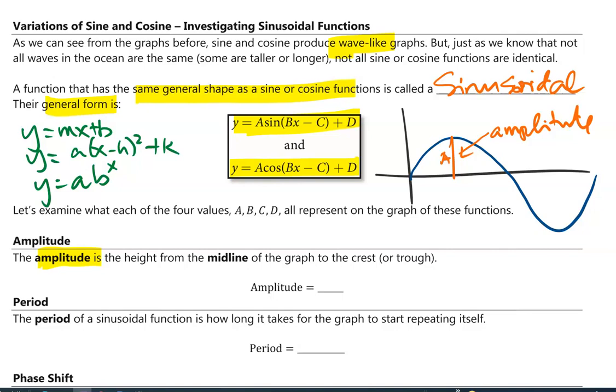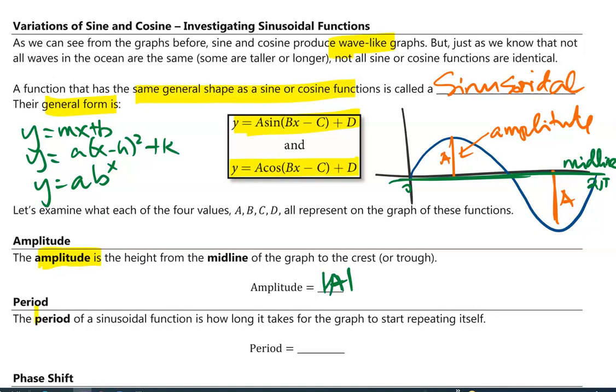So this is an amplitude, this is also an amplitude, and this is the midline. Okay, so this is from 0 to 2 pi. For amplitude we use the absolute value of A.